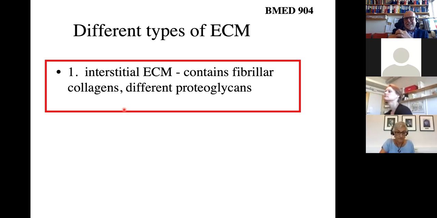So the skin, the dermis is an example of interstitial extracellular matrix. Bone, cartilage, tendons, they're all examples of tissues rich in interstitial extracellular matrix.